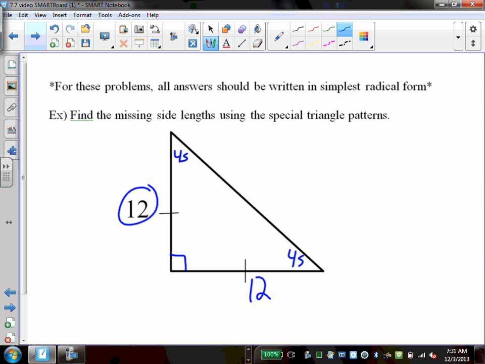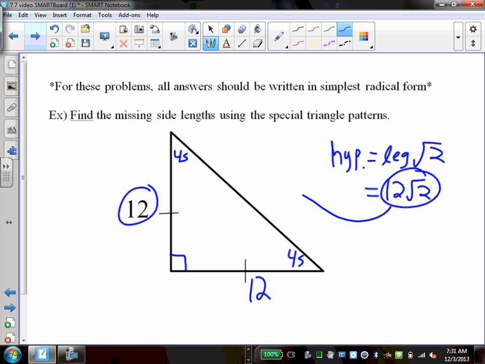And using one of our equations, we know that in the 45-45-90 triangles, the hypotenuse is any of the leg lengths times root 2. So our leg length in this case is 12, which means that the hypotenuse is going to be 12 root 2. Simple as that. And then we have all the lengths for this one. Not too bad, right?